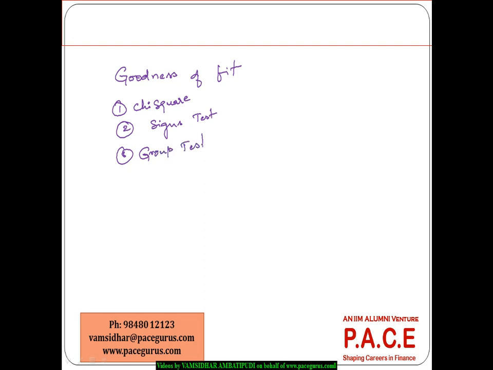So once they are graduated, my intention is always to check for the goodness of fit for that particular data. So we could use any of the tests. You could go with a chi-square test to check for the goodness of fit, to check whether there is overgraduation or undergraduation. I can go for the signs test, or probably I can look out for grouping of signs tests, the various kinds of statistical tests which we have looked at earlier.